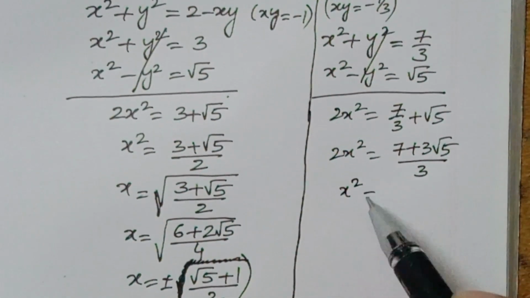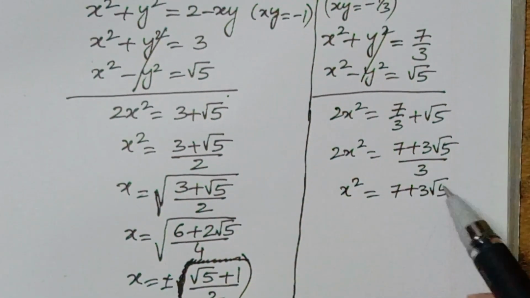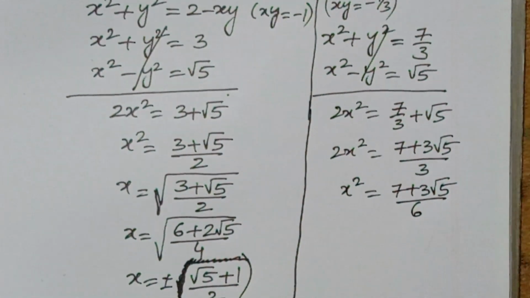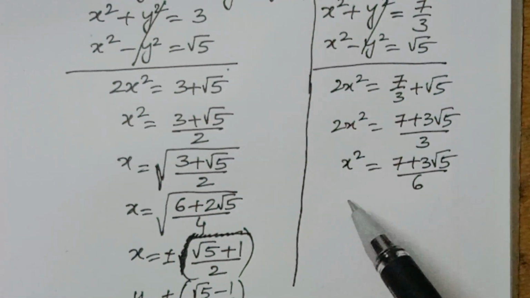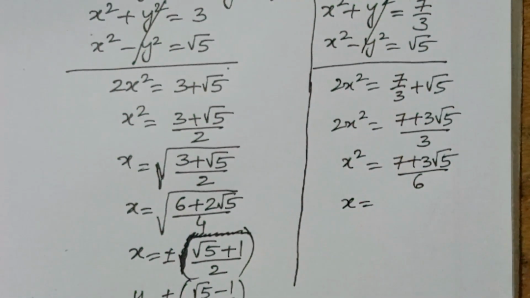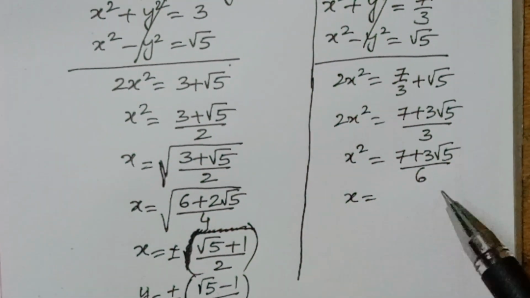So x square is equal to (7 plus 3 root 5) by 6. So here also you can find the value. So for the x value, here you have to multiply the numerator and denominator with 6.